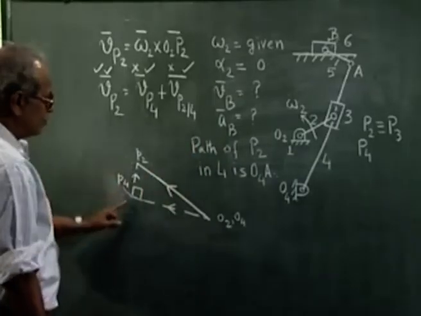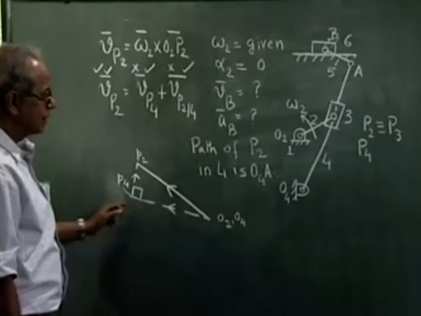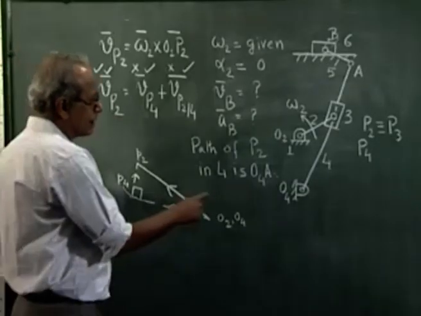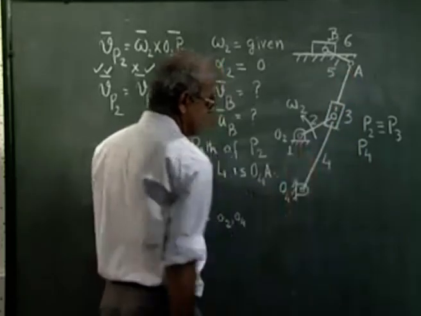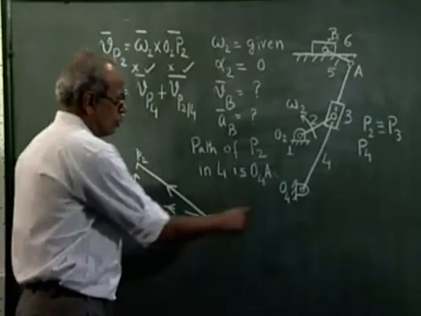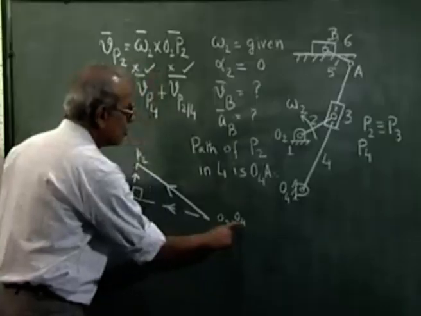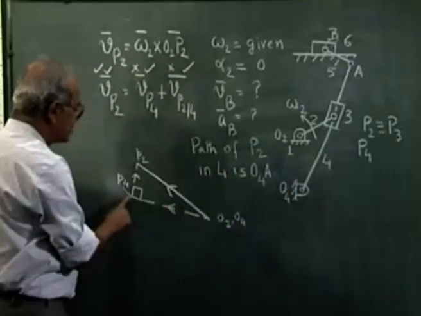So we have reached up to this stage of the velocity analysis. Now we notice that there are 3 points on this link 4: O4, P4 and A. For O4 I have this o4, for P4 I have this small p4.